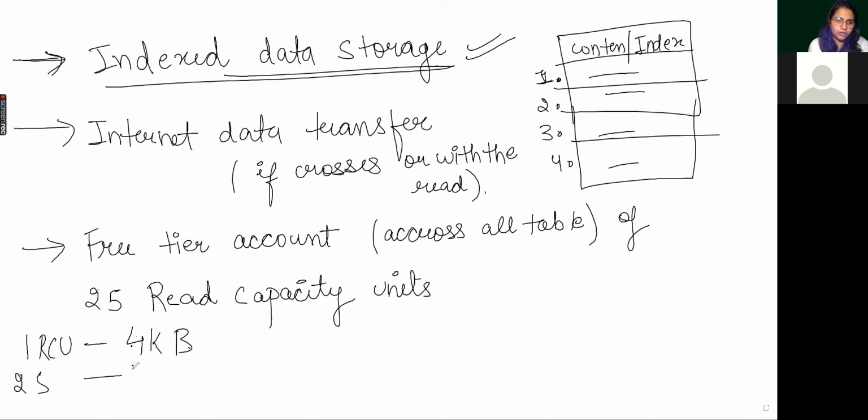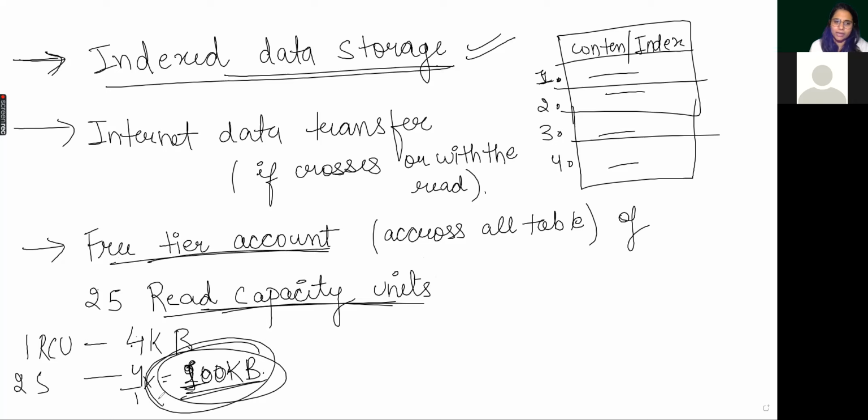So 25 will make, I think, 100 KB of data you can read. Similarly, under the free tier you can read 100 KB of data, and similarly they will provide you 25 WCU.